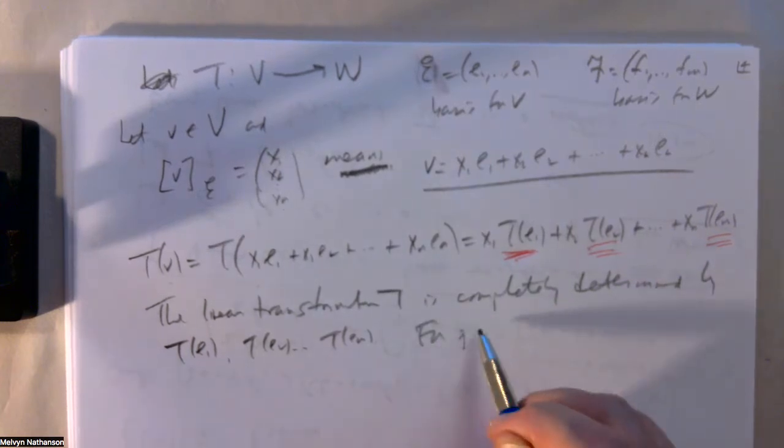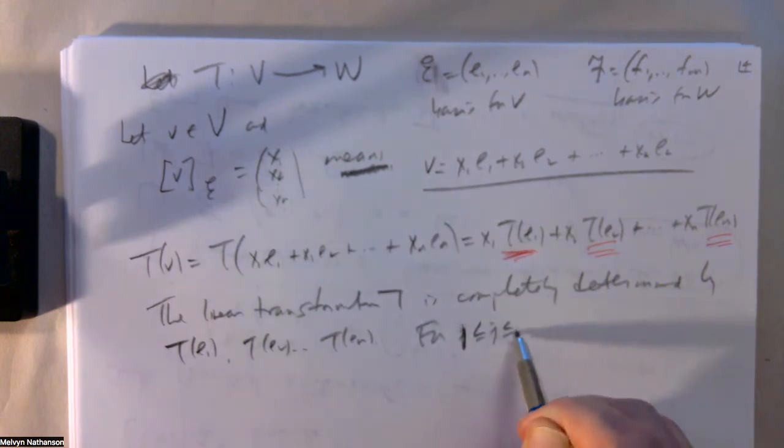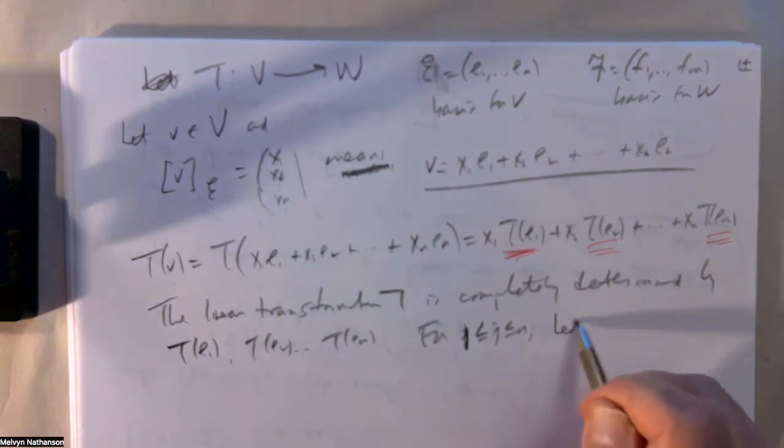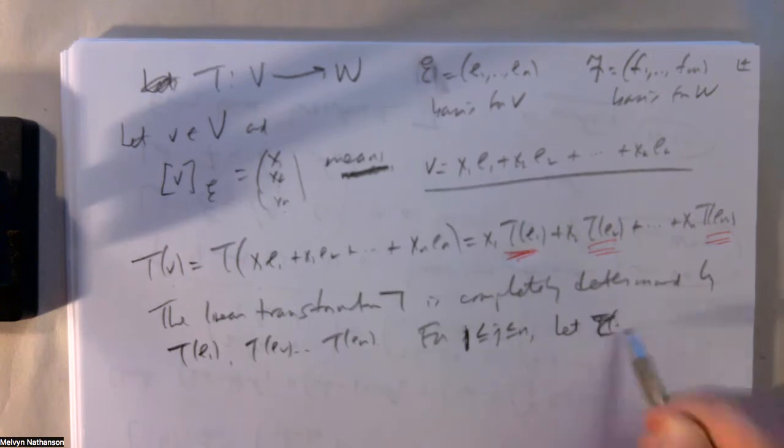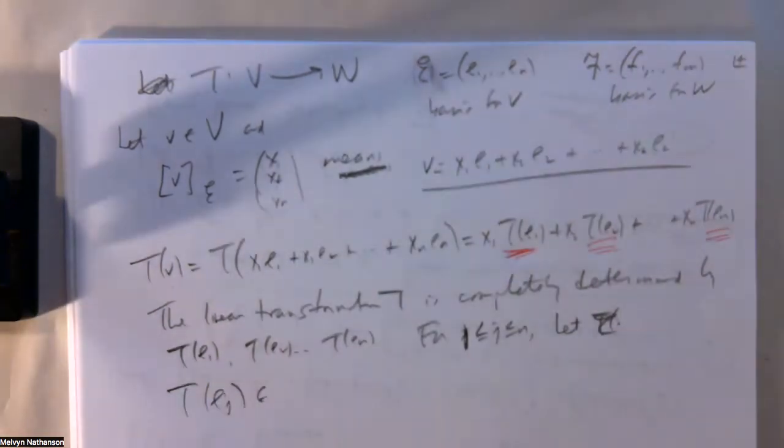So for any j between 1 and n, T of ej is a vector in W, right?